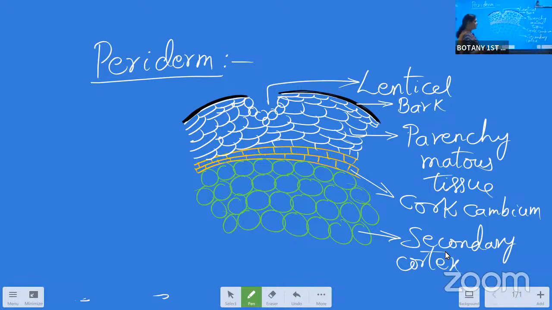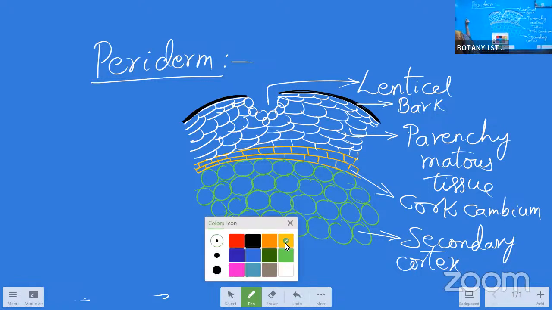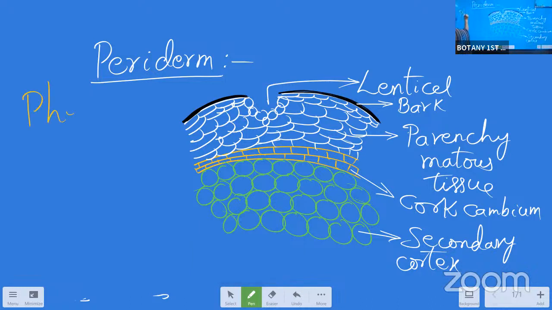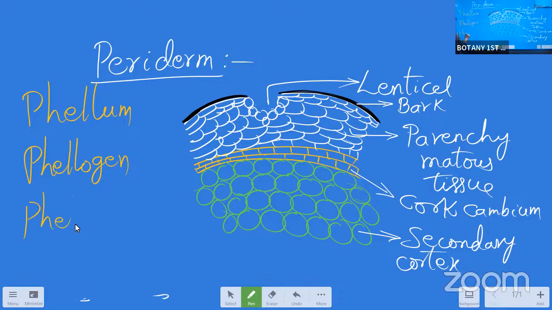And the periderm that is formed during the secondary growth has 3 layers in it. It is made up of 3 layers. That is the phellum, phellogen, and phelloderm. Okay, so what is meant by phellum, phellogen, and phelloderm?